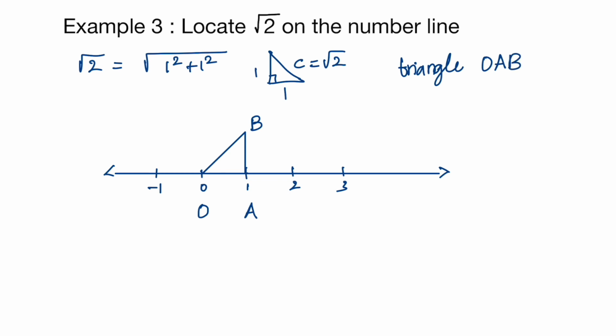Now here OB is the hypotenuse, and OA is equal to 1 unit and AB is also equal to 1 unit, and that tells you that OB is equal to root 2 units.